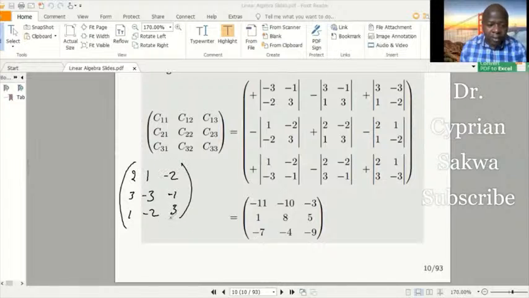We are left with 3, negative 3, 1, negative 2. Then, next, this will be negative. In this position, delete this row and that column, leaving 1, negative 2, negative 2.